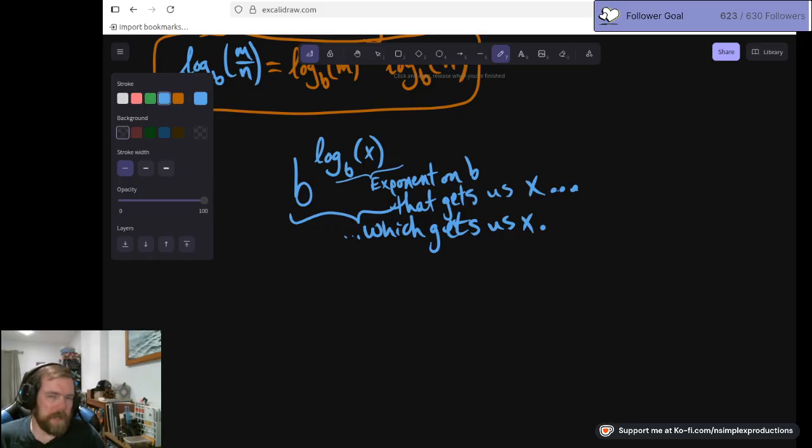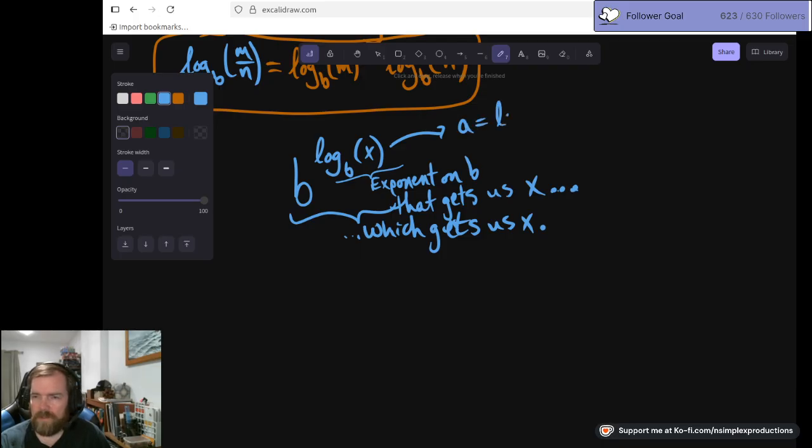It's a little weird, right? Like, okay, the log base b of x is this exponent on b, which gets us x. So this is defining, again, let's call it a.